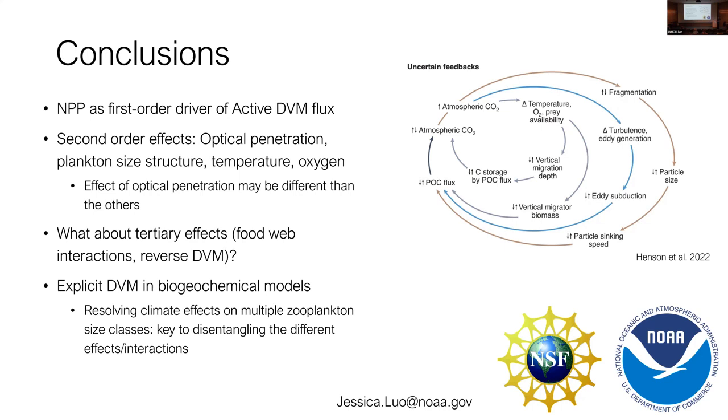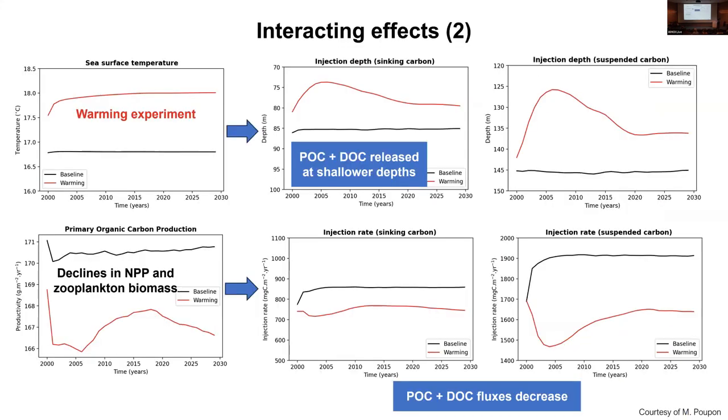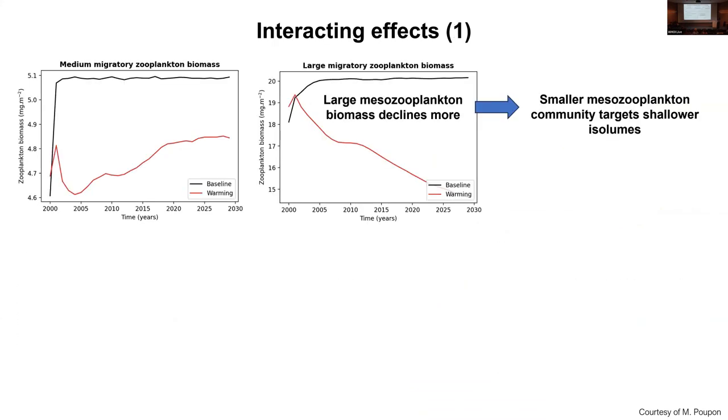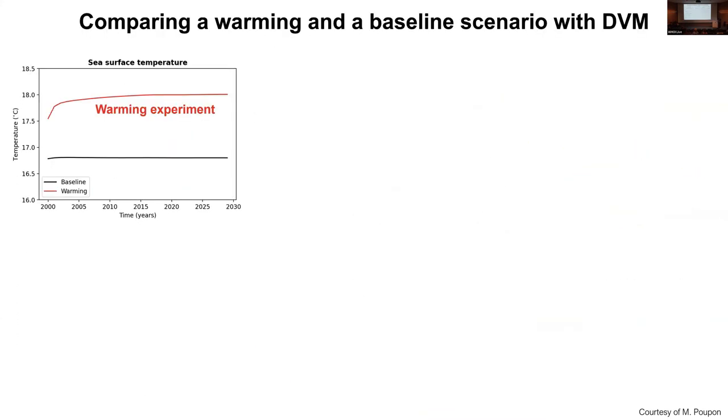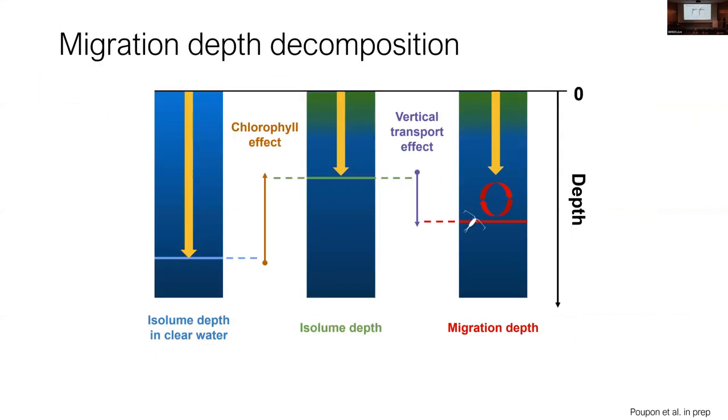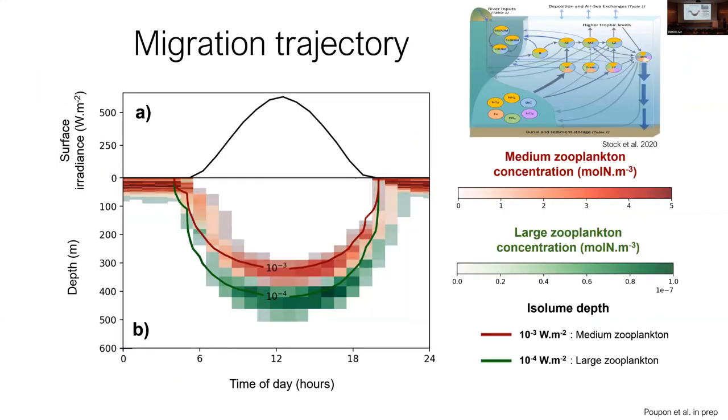And why didn't the small pelagic, the appendicularian-like class, do the same? I didn't show the relationship between the appendicularians and chlorophyll, but the relationship between appendicularians and chlorophyll is closer to the mesozooplankton than the salps.